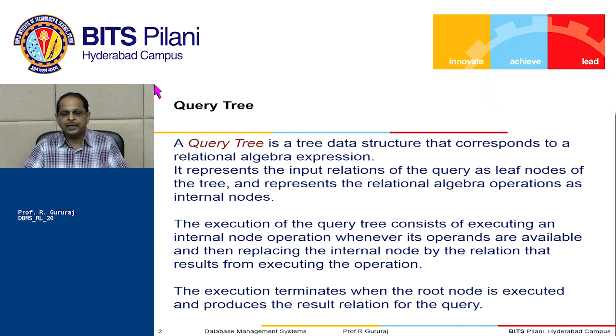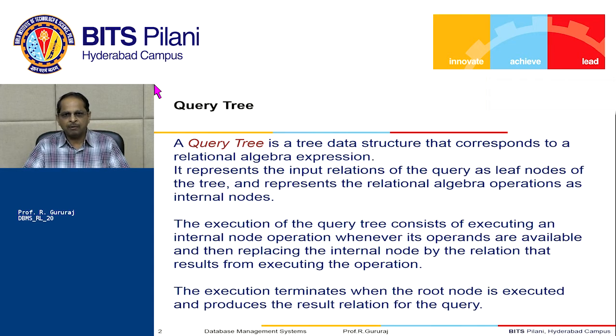The execution of the query starts in this query tree from the leaf nodes, and an internal node is executed when the corresponding operands are available. That means the query execution starts at the leaf nodes and proceeds in an upward direction.